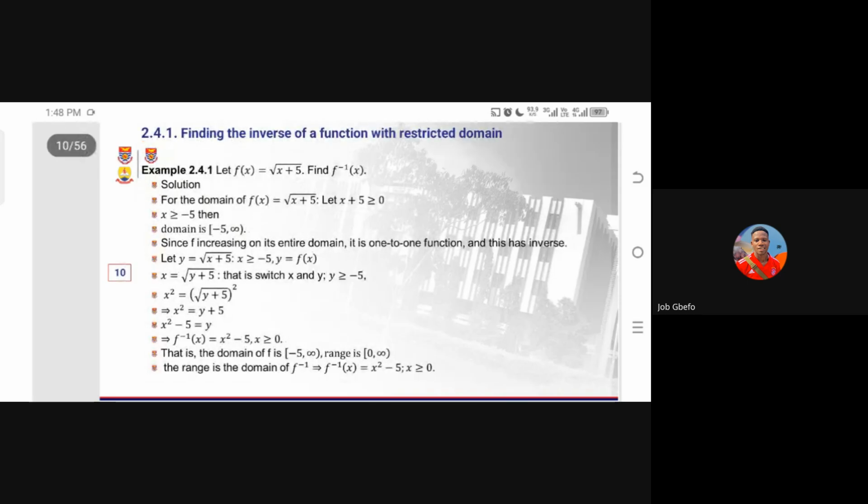Yes, please. All right. So the next example, this one is more of examples. Let's try and find the inverse. The function I'm writing, listen: f of x is equal to root of x plus 5.